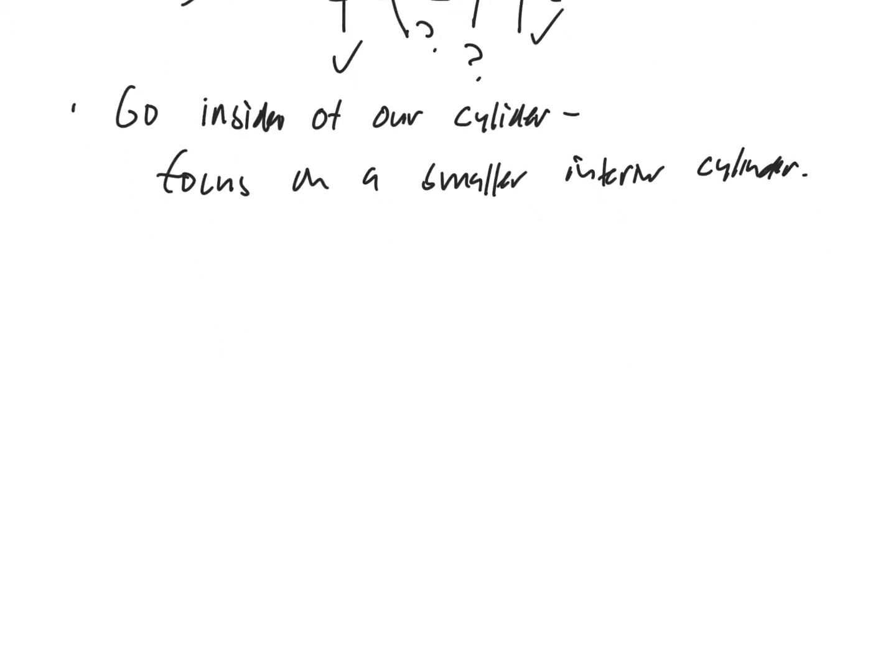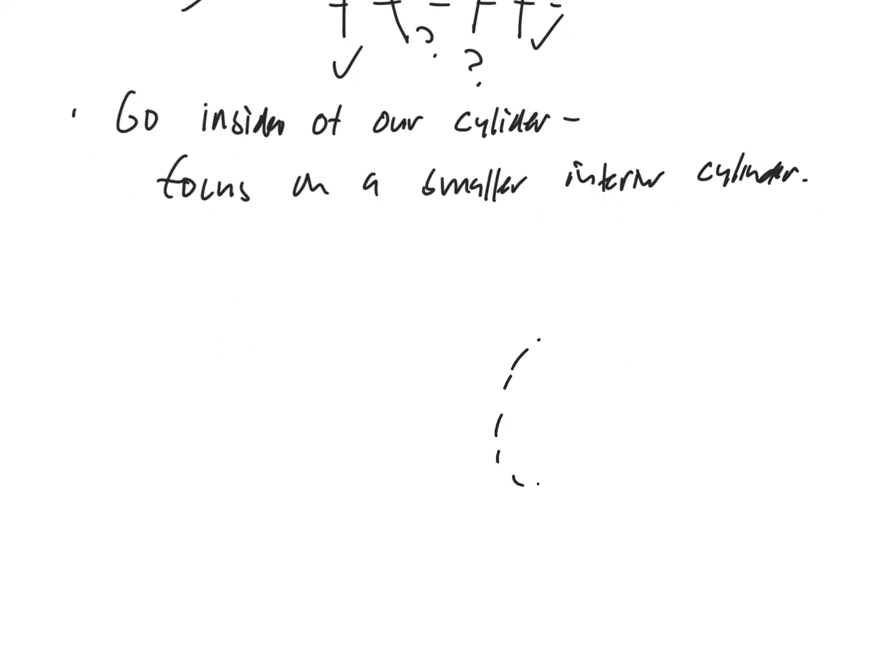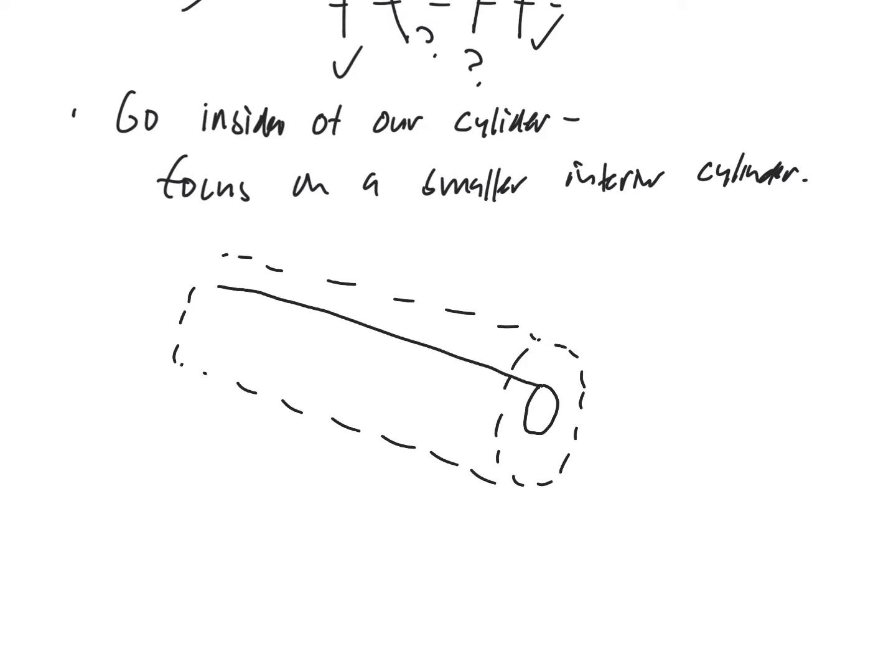Now I'm going to try to represent that visually by taking our original one and going like so. But now I'm going to go on the interior, on the inside, and carve out a solid one. It looks like this. There we go. It still has a length of L, like so.